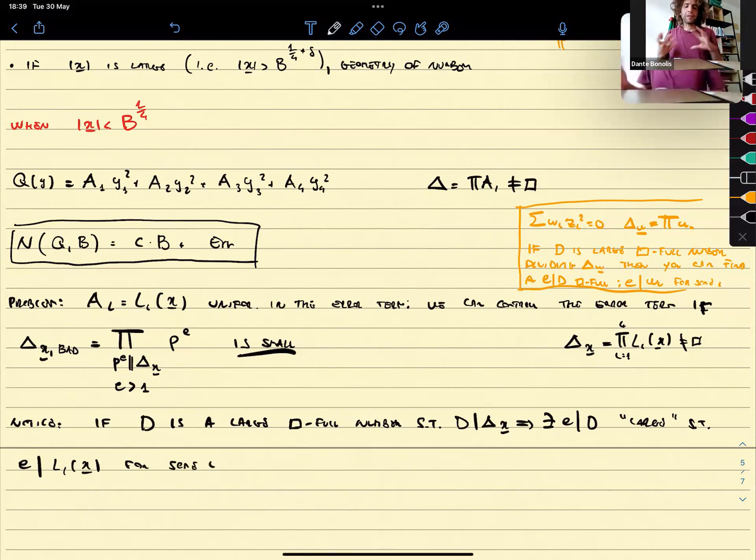And this is due to the fact that the L_i are not proportional. This is really the key fact.